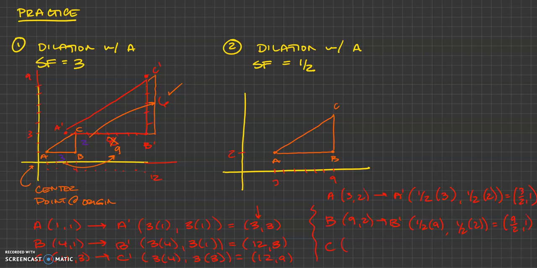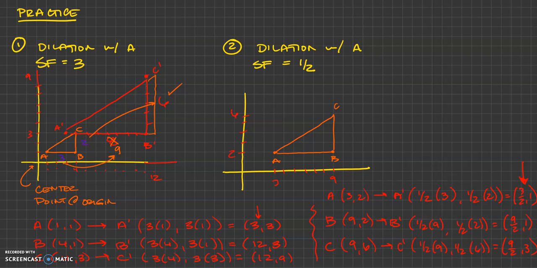And let's look at C. C is going to be 9 and looks like 3, 4, 5, 6. 9 and 6. So what is C prime? It's going to be 1/2 times 9 and 1/2 times 6. So that's 9 halves and 3. So these are our 3 new points. These are our dilated points, if you will.